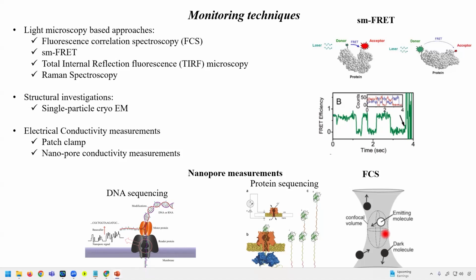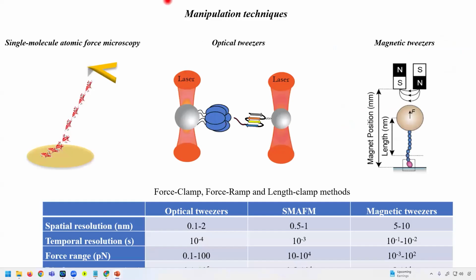Okay, good. So these are monitoring techniques, but there are also manipulation techniques. In the previous case you are not changing anything, you have attached the fluorophore, and whatever the molecule is doing you are just monitoring it. That is called a monitoring technique. Now if you want to change the energy landscape of a molecule, or change the pathway of the molecule, you need to use manipulation techniques.